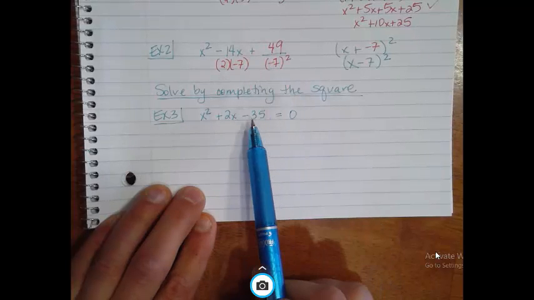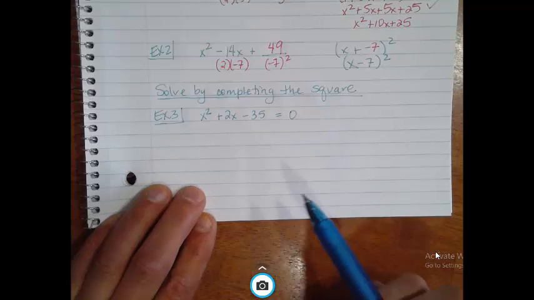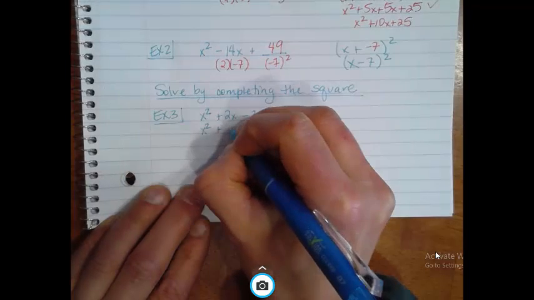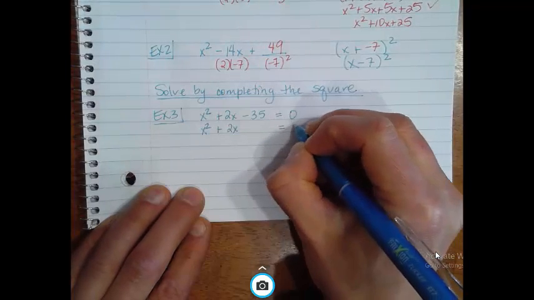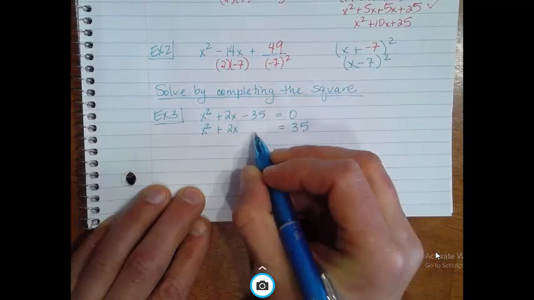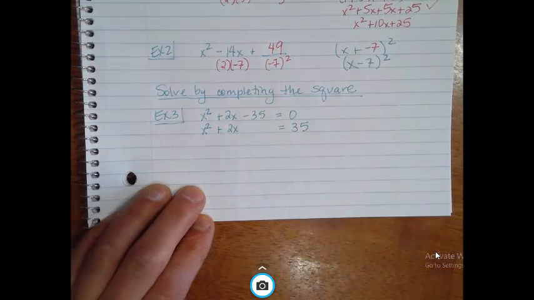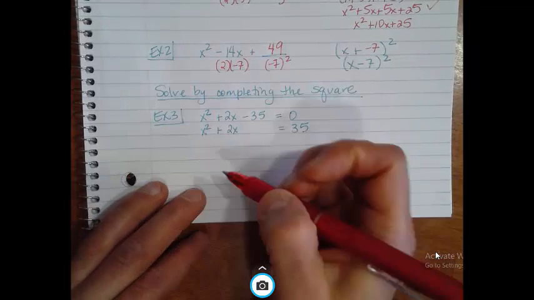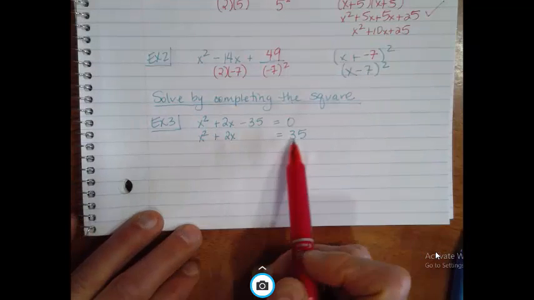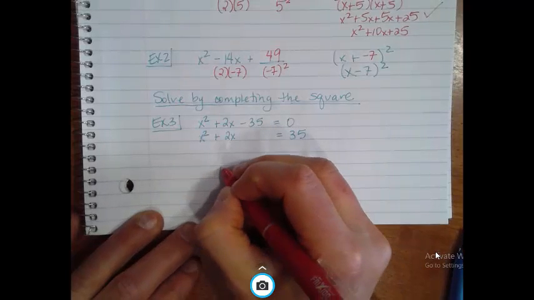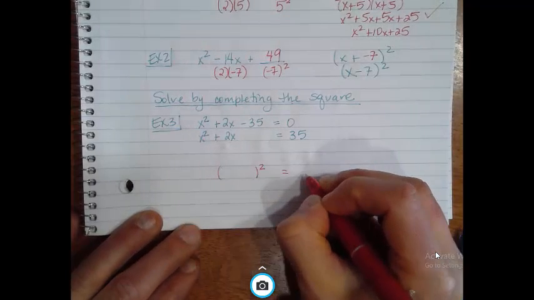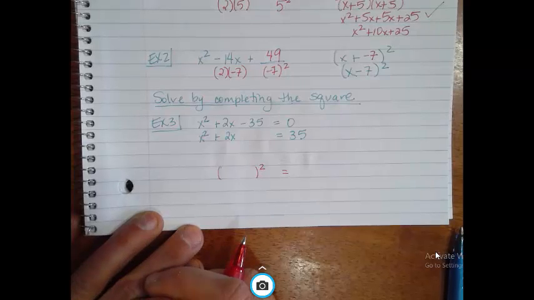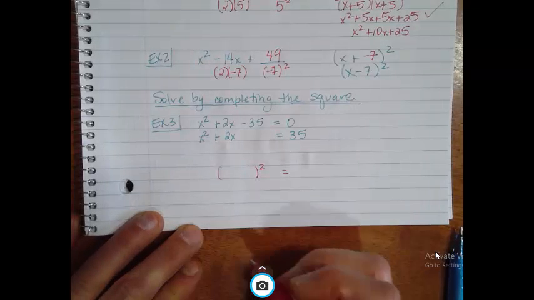I'm going to get this 35 to the other side, so I'm going to write this as x squared plus 2x equals 35. I'm going to leave a blank here, and I'm going to ask myself, what needs to go here so that this side is a perfect square? My goal is to write this as something squared equals some number over here, which I don't know what it's going to be yet. Okay, well, let me think about this.